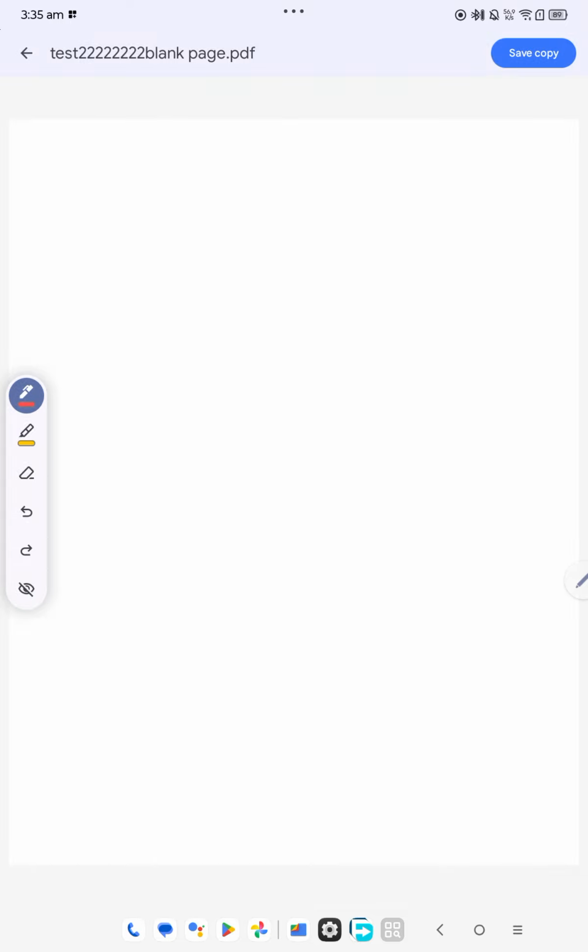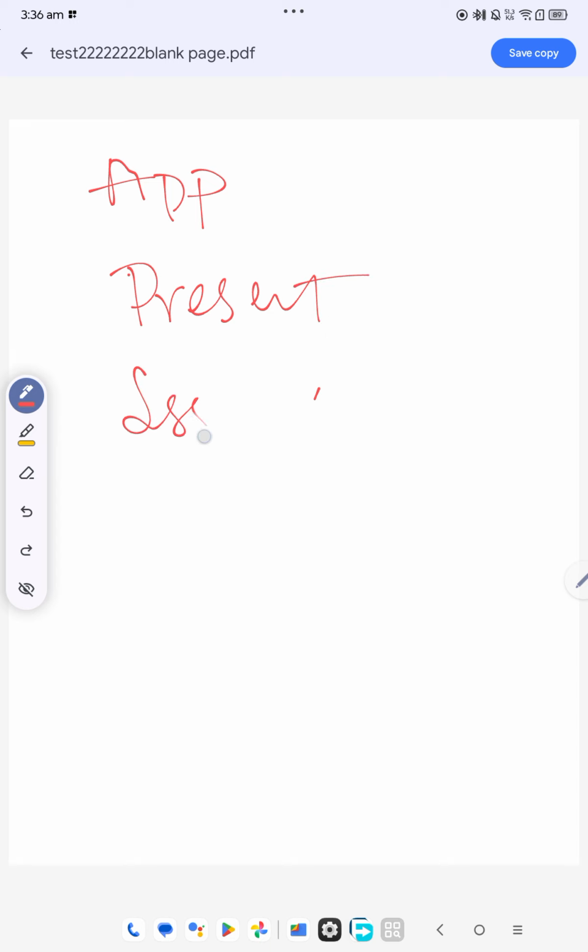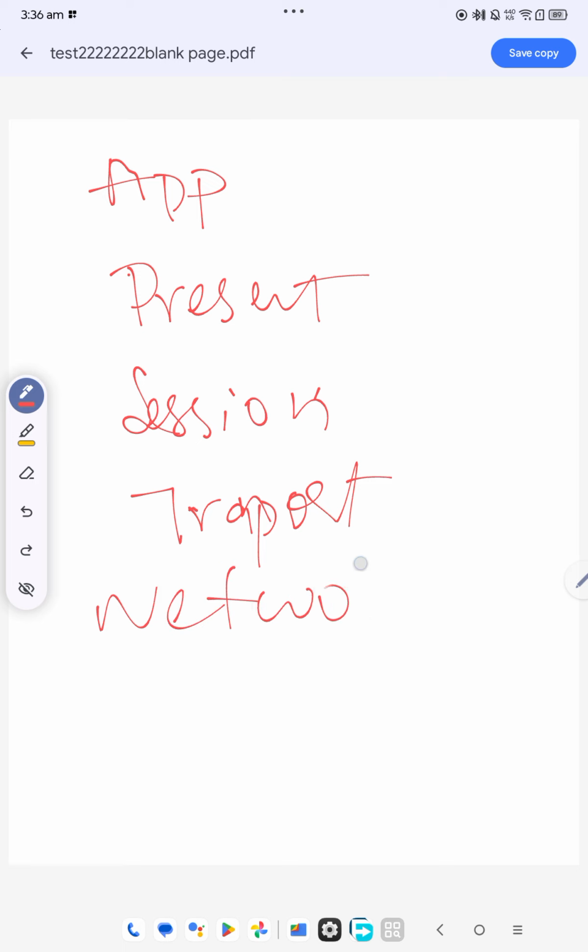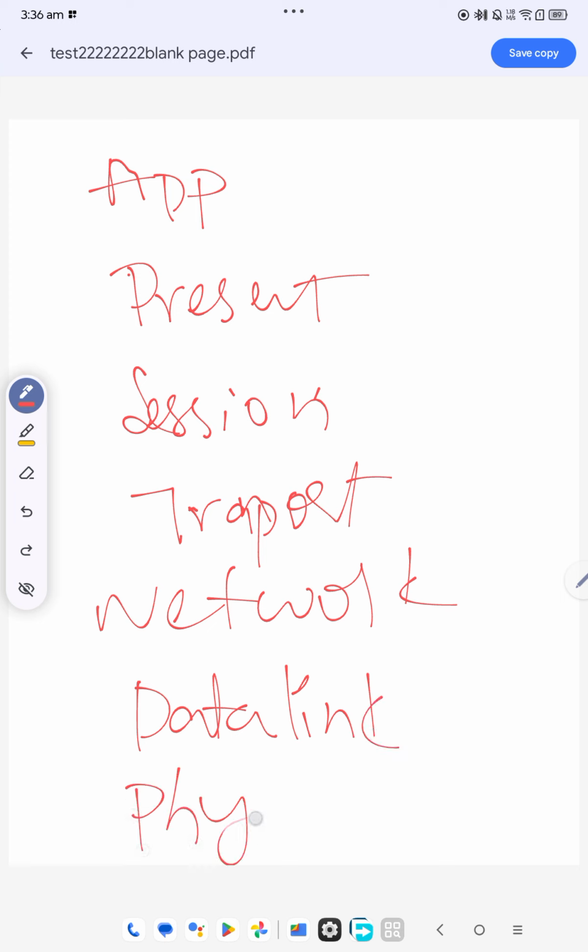I have already told you the OSI layer consists of the application layer, presentation layer, session layer, transport layer, network layer, data link layer, and physical layer.